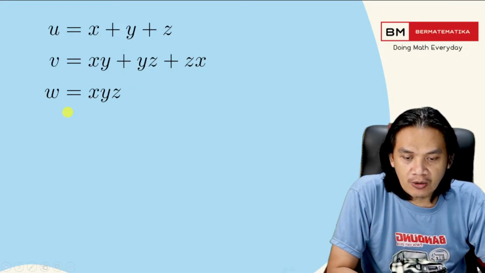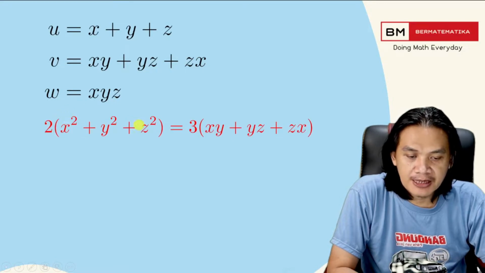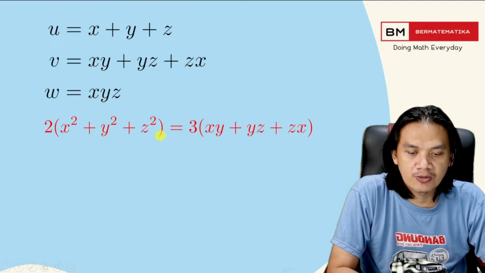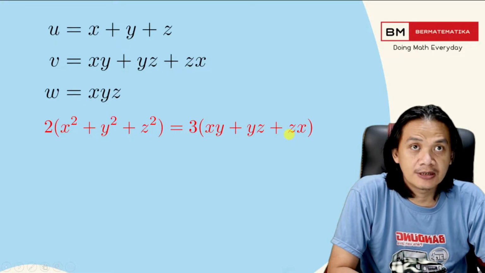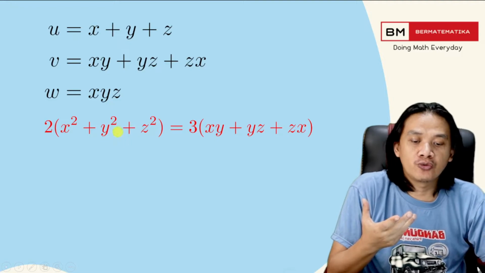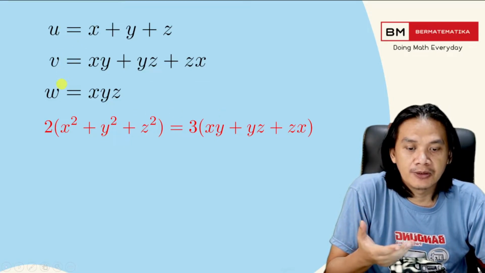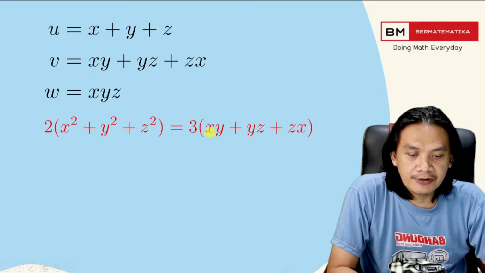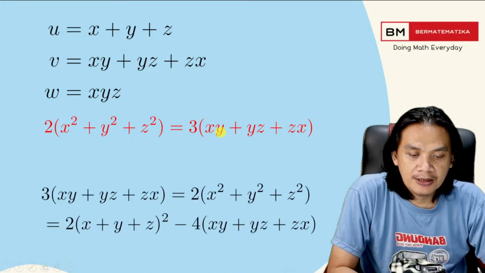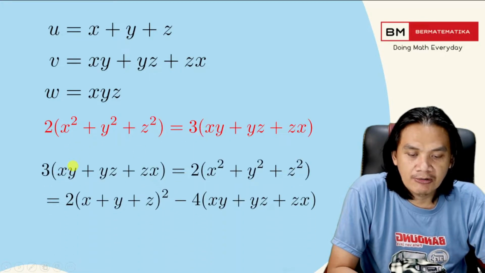Recall that one of the given pieces of information says that twice of x squared plus y squared plus z squared is equal to this. We would like to rewrite this information in terms of u, v, and w. First let's switch the position of this equation. It's going to be the same, just rewrite 3 of this equal to 2 of that.